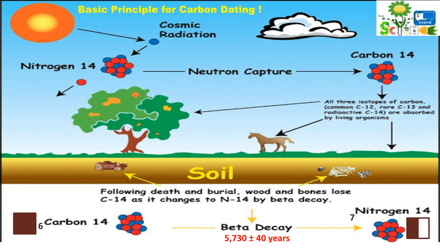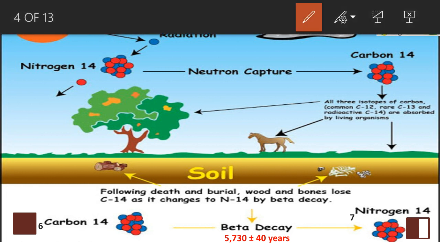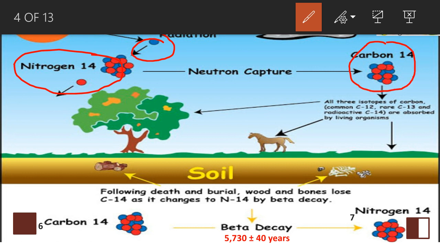Earth always receives cosmic radiation from the Sun. In that cosmic radiation there are high energy neutrons also. The gaseous atmospheric concentration of Earth is 78% nitrogen, out of which only 0.03% is carbon.